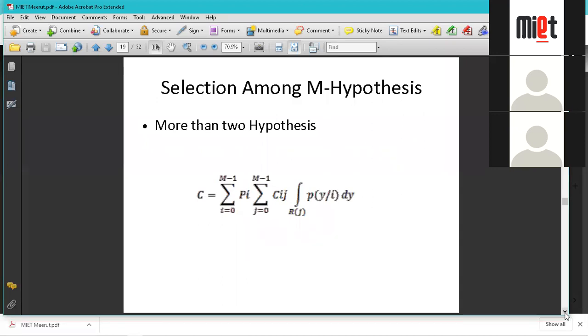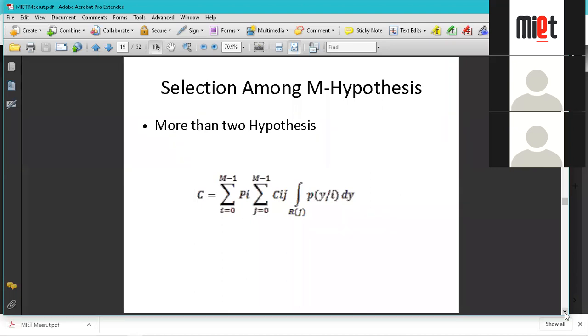So this is the cost function selection when the number of hypotheses are more than 2. We could know about one more technique by taking more observations.